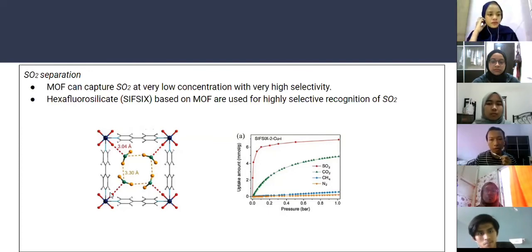Sulfur dioxide interacts strongly with SiF6, which results in highly efficient removal of sulfur dioxide compared to other gases. We can see the sulfur dioxide is absorbed more in the right figure. The left figure is the structure of the metal organic framework, SiF6 with copper.